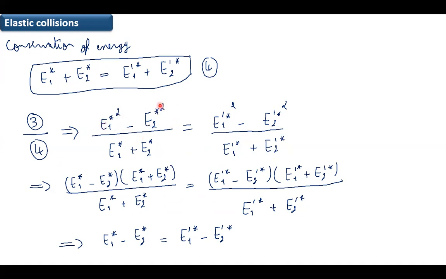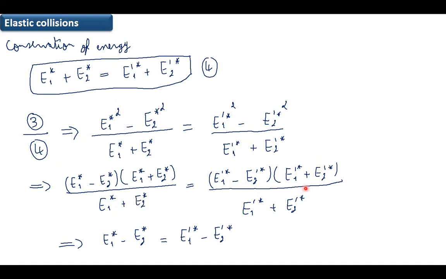Here on the numerator you have a subtraction of two squared quantities, so this becomes E1 star minus E2 star times E1 star plus E2 star. The same for the other quantity, so we have E1 prime star minus E2 prime star times E1 prime star plus E2 prime star. So you can remove the E1 plus E2 factors.